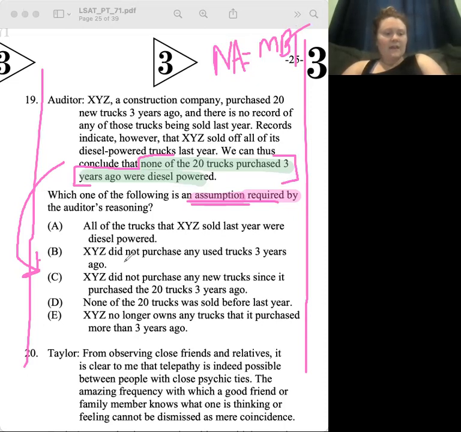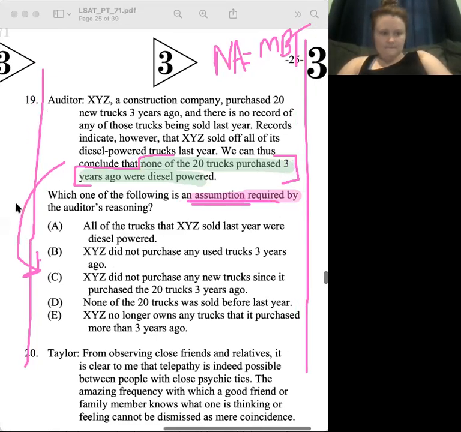So if it's a top down question, is it going to be more mild or strong? Mild. Excellent. Okay, so go ahead and start with A. All of the trucks that XYZ sold last year were diesel powered.